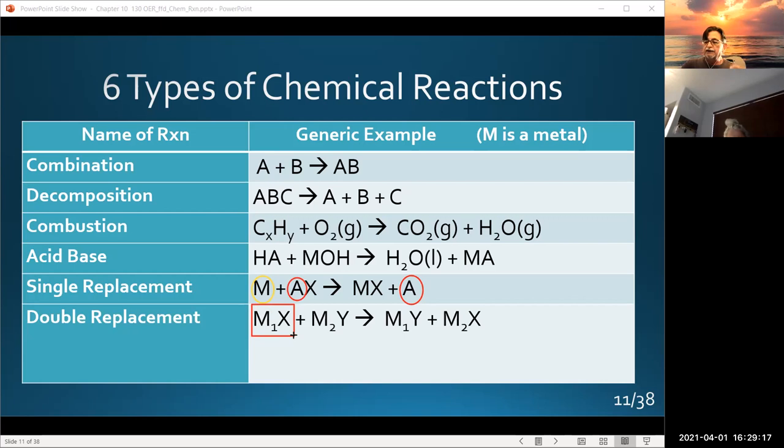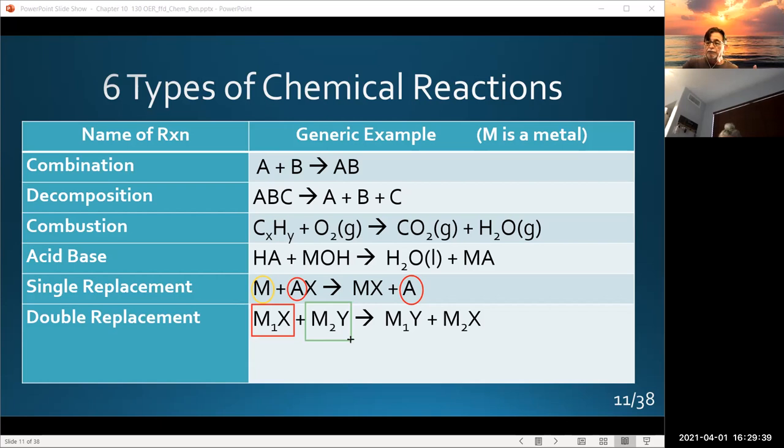And then we have a second ionic compound of metal 2, a totally different metal, that is bonded to a different anion, and we denote that as M2Y. So X and Y are different, M1 and M2 are different.